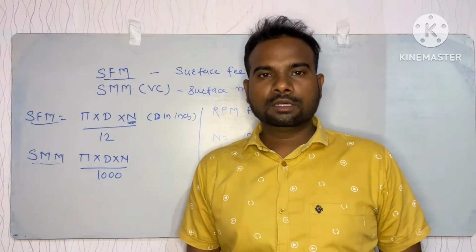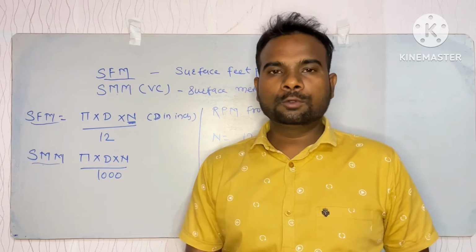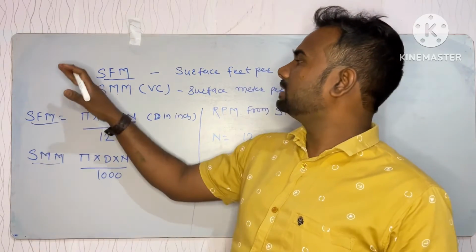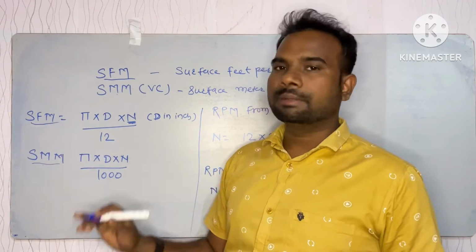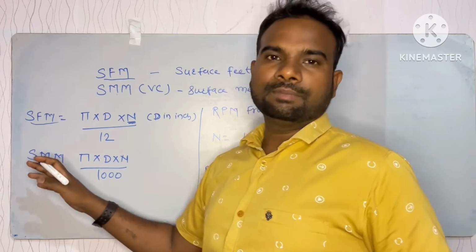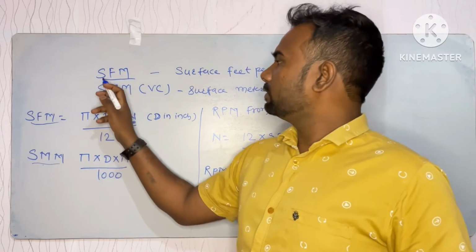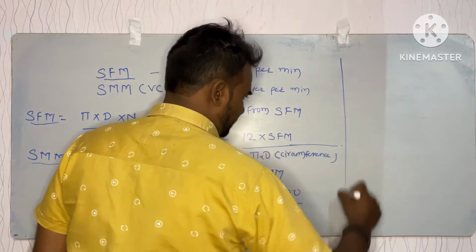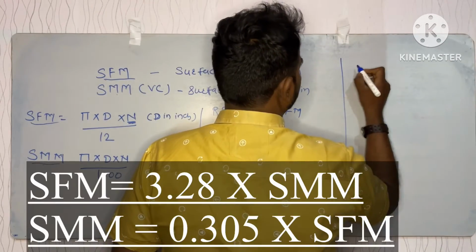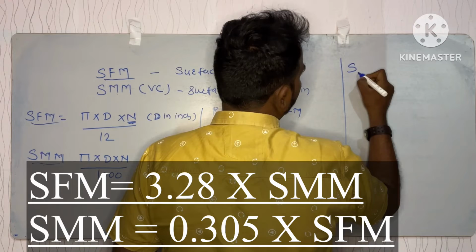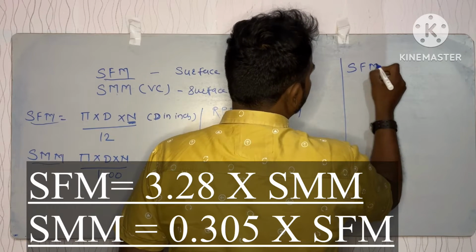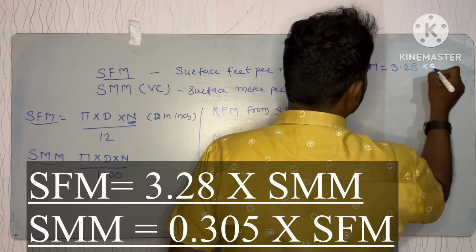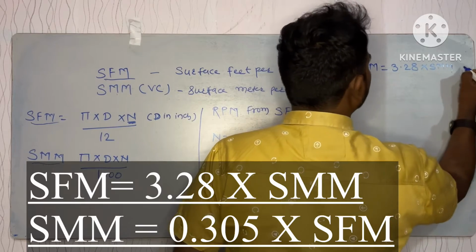Now we have to learn how to switch from SFM to SMM, which means switching from SFM to VC. There is a formula for this. SFM is equal to 3.28 into SMM or VC.